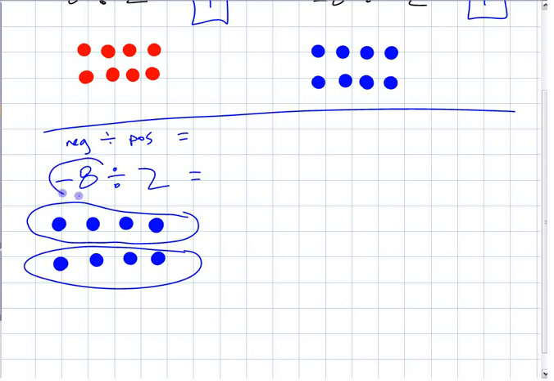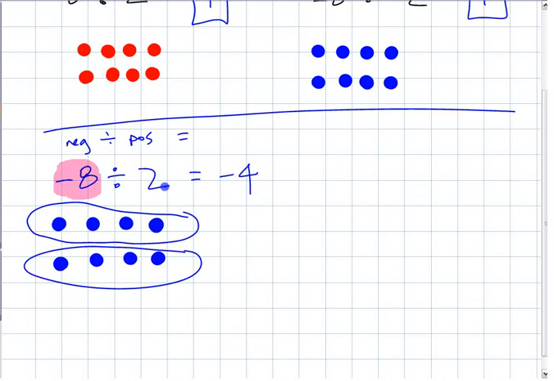If you take a negative number and divide it into a positive number of groups, it's going to be negative. This would be like if you said, well, we owe $8 and there's 2 of us. If you owe $8 and there's 2 people, how do you share that equally?